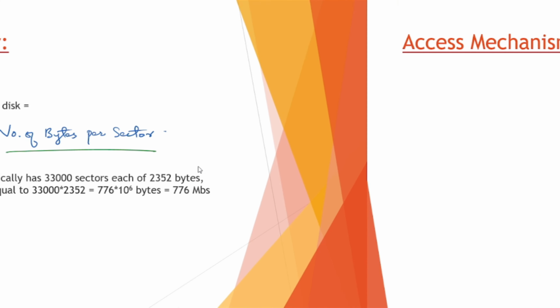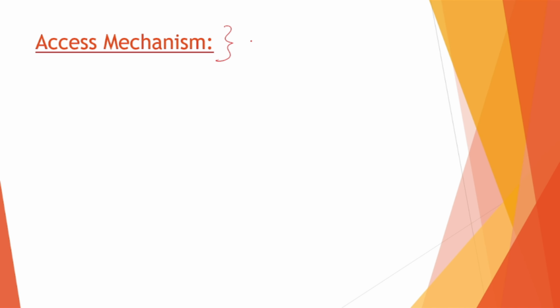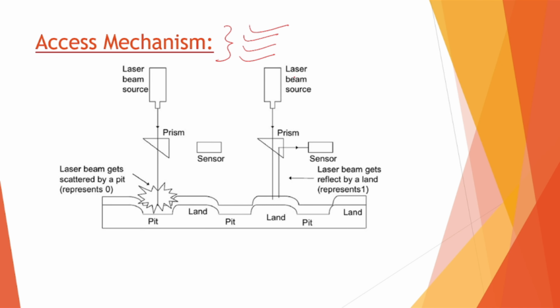Now the access mechanism, how we can access data in the case of an optical disc. An optical disc drive uses laser beam technology. You have to make a note of this. It uses laser beam technology for reading or writing data from or to the optical disk surface. It has two laser beam sources. I am going to show you the image over here.